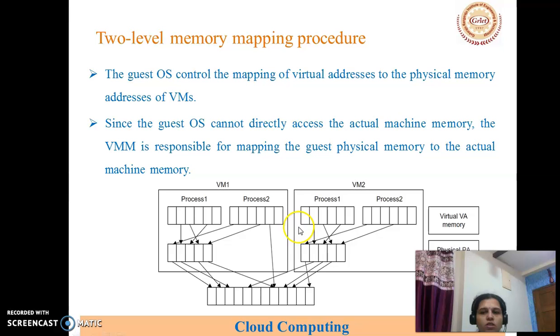That's the reason we call it a two-level memory mapping procedure. First is the machine memory, that is the first level. Second level is the physical memory, the physical address, then the virtual memory is available here.